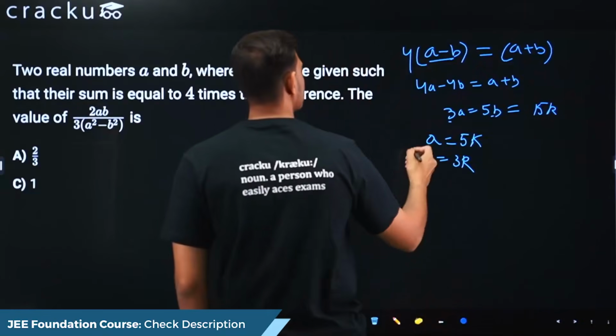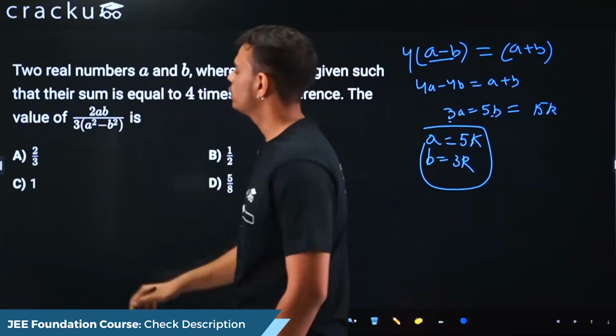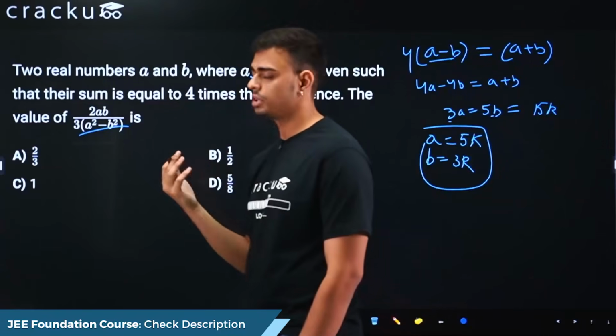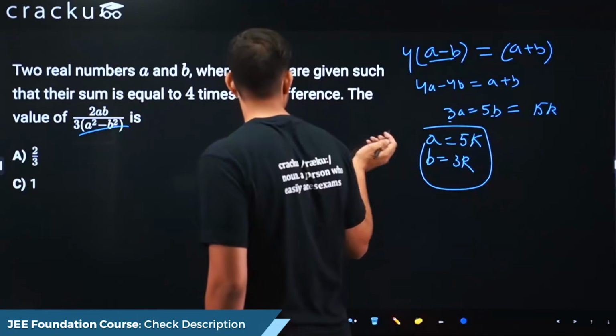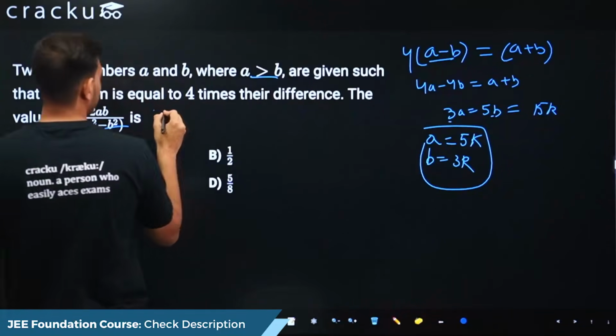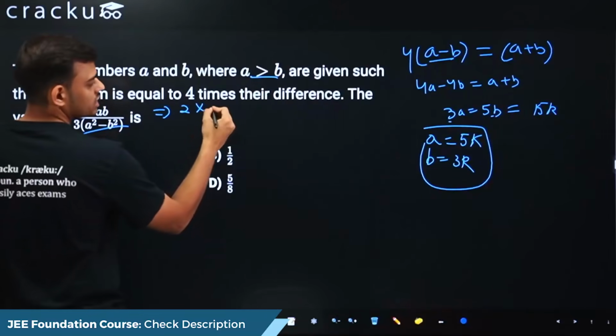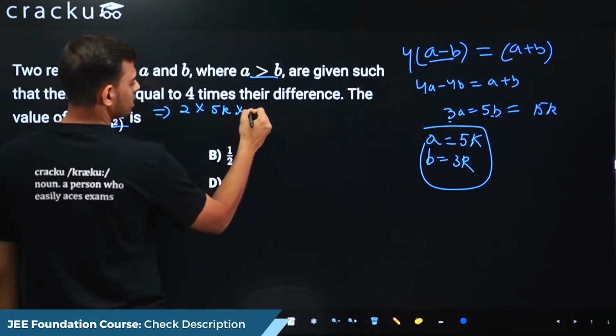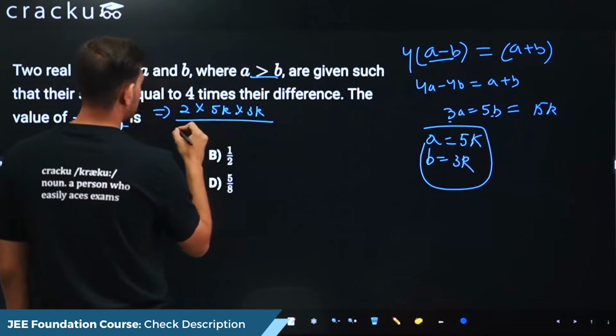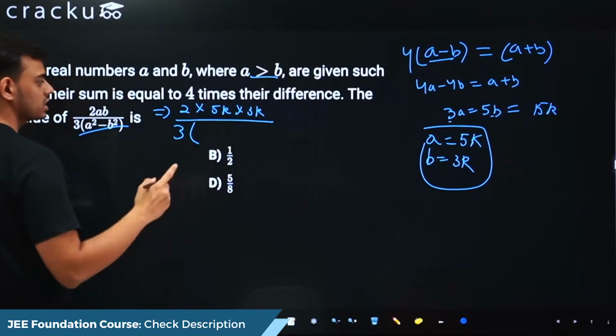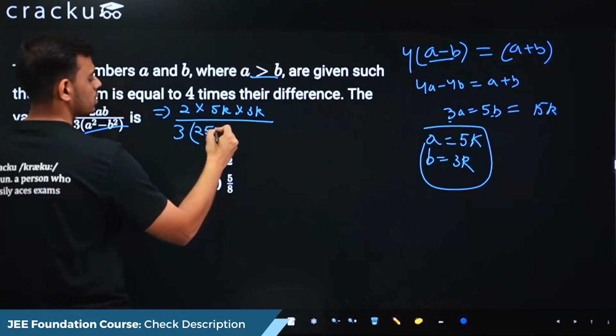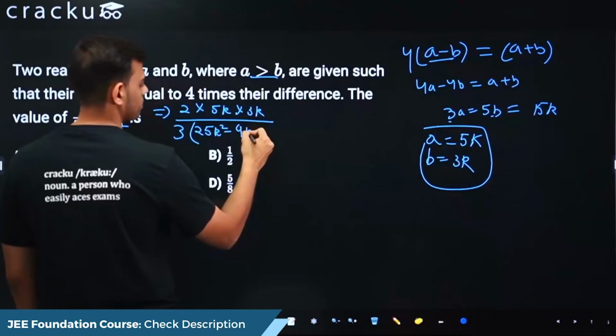I calculated these two values because I need to calculate the value of this expression, which consists of A and B. Now, I can simply put the values of A and B. I will get 2A is 5K, B is 3K divided by 3, A square minus B square. A square is 25K square, B square is 9K square.